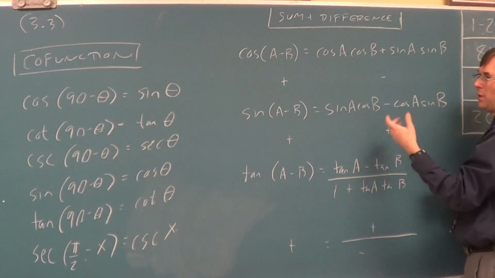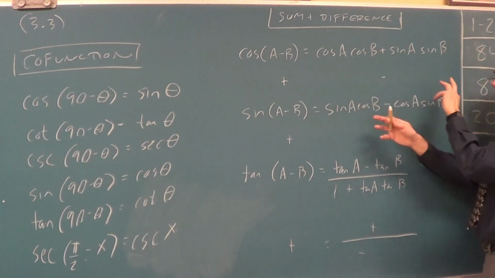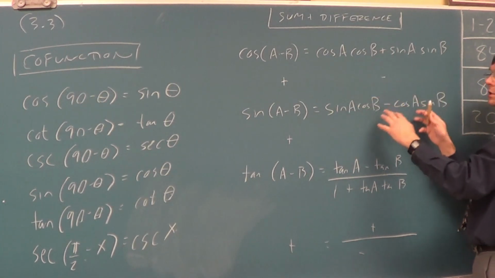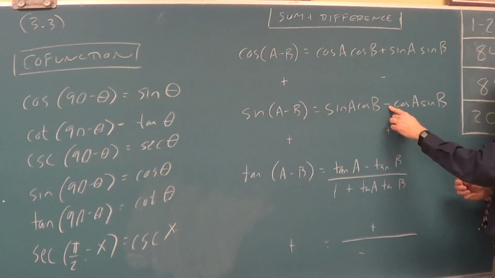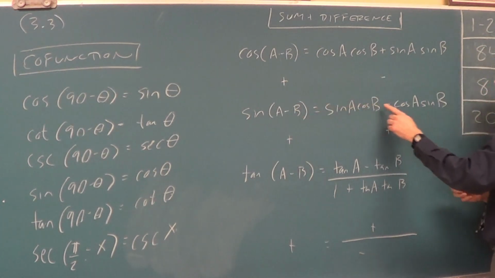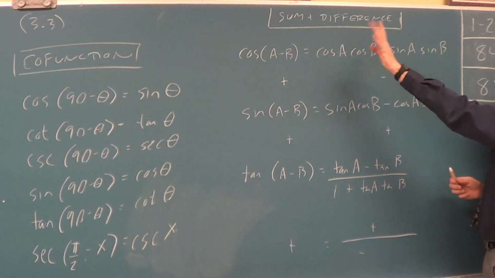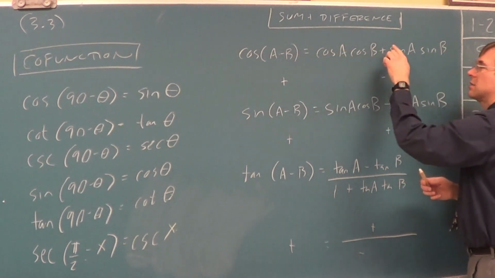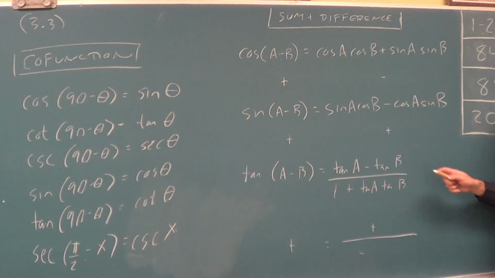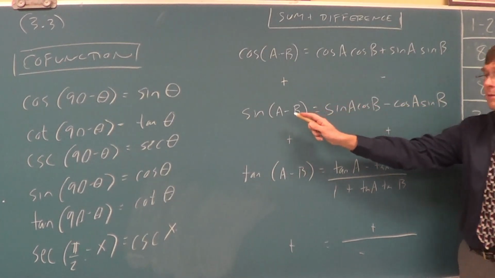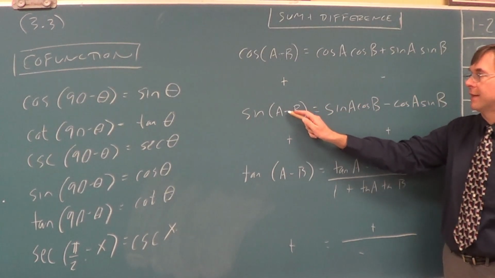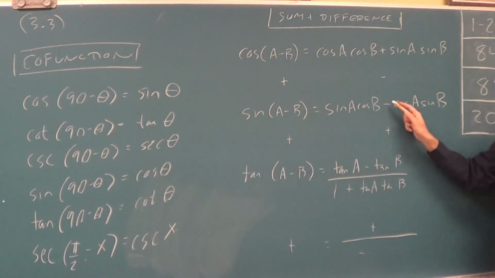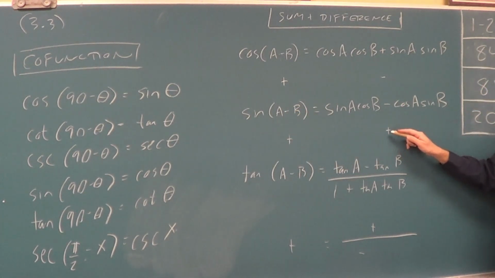What I do on this one, since there's more of a scramble of the words, I don't need to scramble the sign. So sine, subtract is going to make a subtract, unlike cosine. Cosine had less scrambling of the words, so the subtract scrambles into an add. It's going to take some energy to memorize that. But the good news is, if you get that one done, when we switch the sign, just switch the sign. We're good.